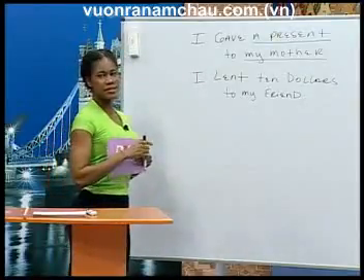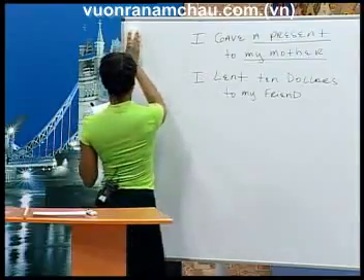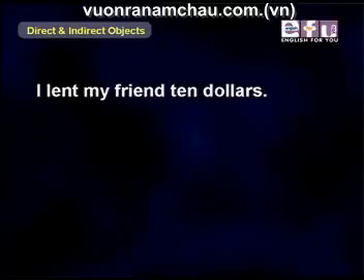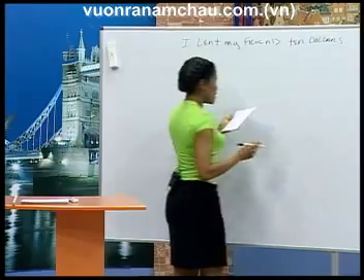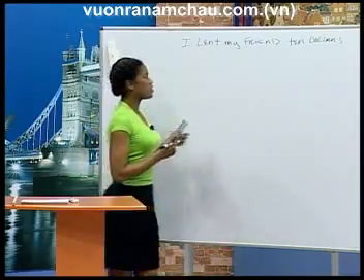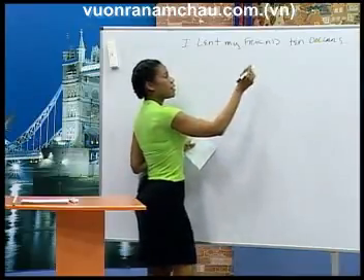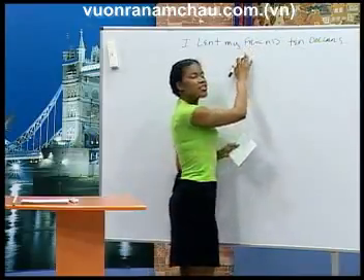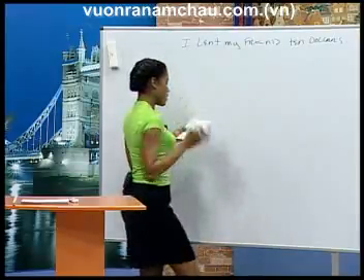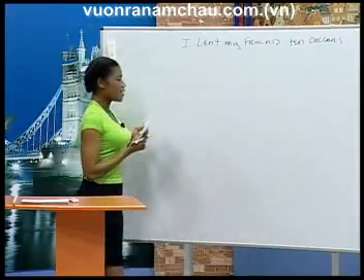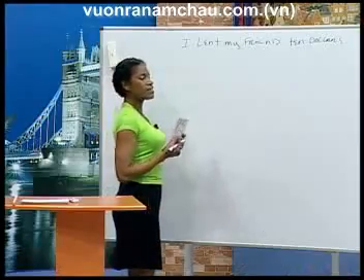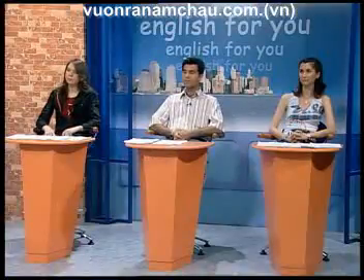We can also make the same sentences a different way. Okay, look at these sentences. I lent my friend $10. What's different? There is no to, and the places of the direct object and the indirect object have changed, right? So, Anna, who lent? I lent. Good. And what did I lend, Alberto? $10.